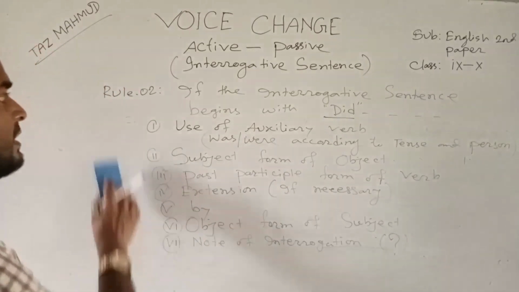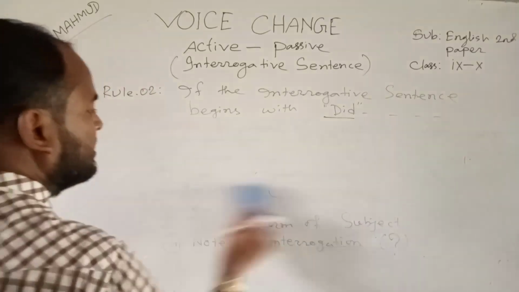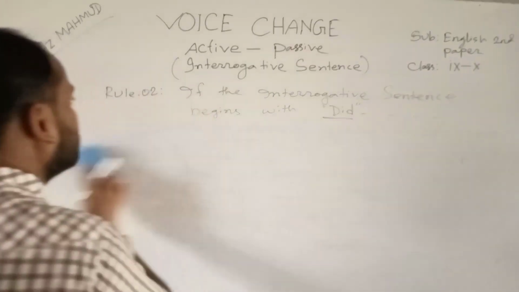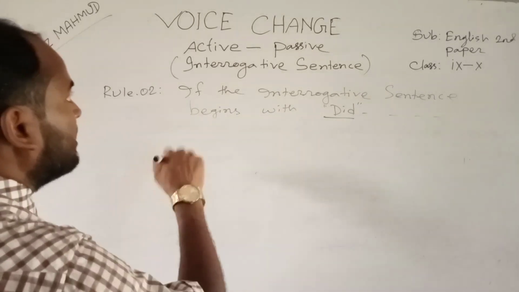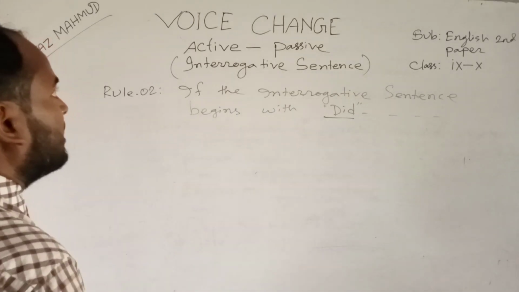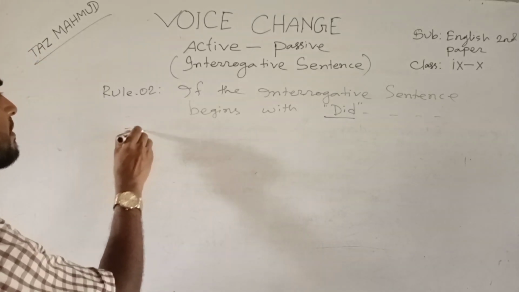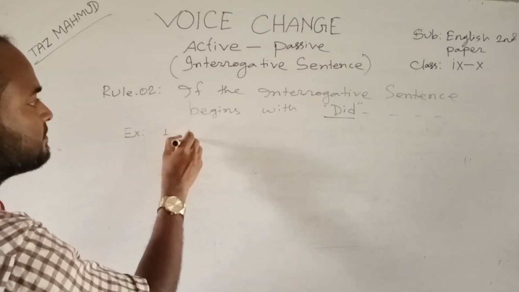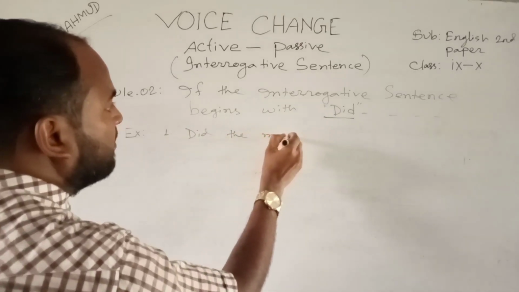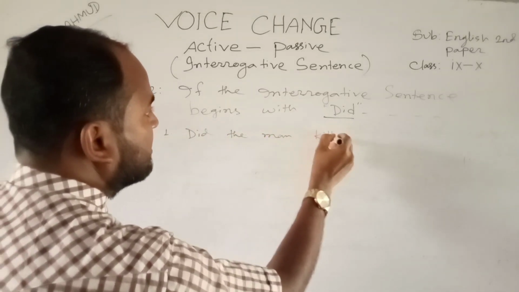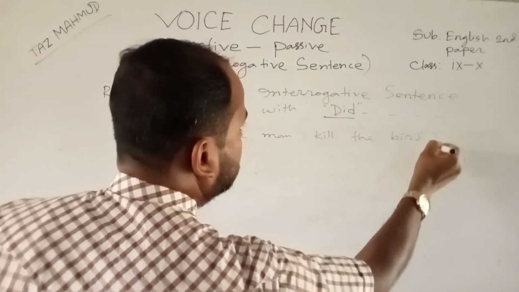My dear learners, now let's see some examples of past indefinite tense, how to transform the interrogative sentence from active into passive. Did the man kill the bird?